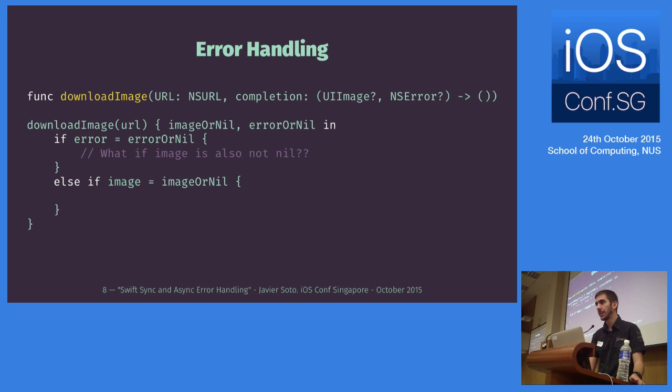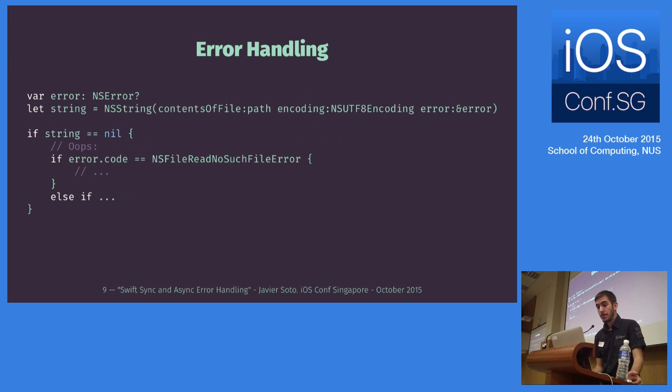But before that, in Objective-C and Swift 1, we still needed to be careful because Cocoa says that you should check the return value first before looking into the error. Because sometimes you will have an error being returned from this API in a success case. This is an example of that.